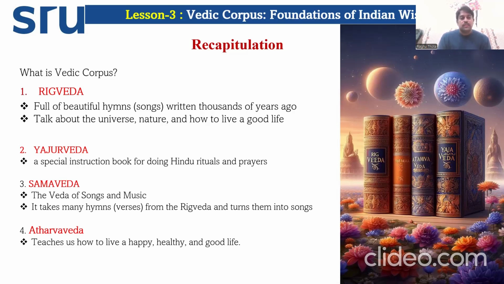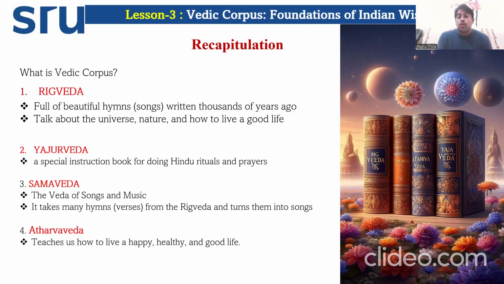What is Rig Veda? Rig Veda is the book of hymns or songs which were written thousands of years ago. It is a book of lyrical songs and it talks about the universe, nature, and how to lead a good life in ancient times. Yajurveda is a special instruction book for doing Hindu rituals and prayers.